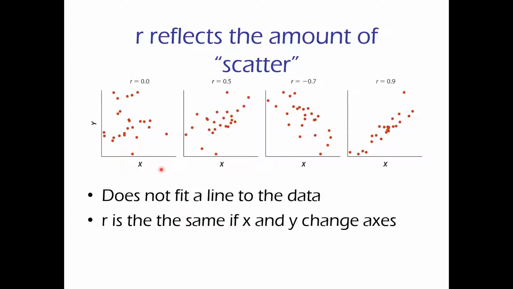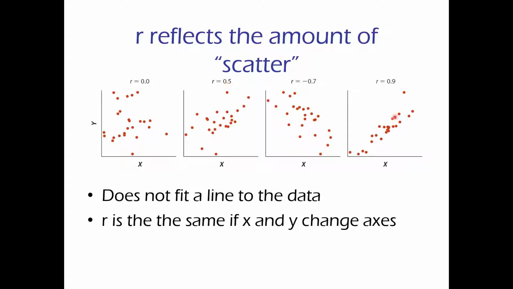This kind of data has an R value of 0. Now let's move to the second graph. In this graph, we start to see a linear trend, although the trend is not that clear. In this trend, we can see when x increases, y also increases. Here the R is 0.5 in this graph.